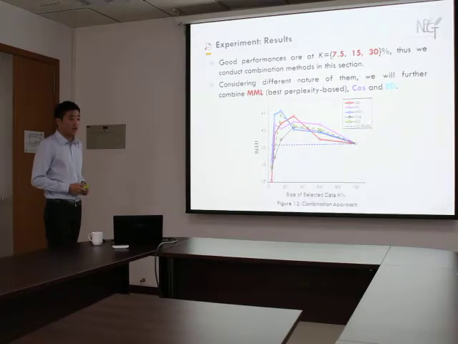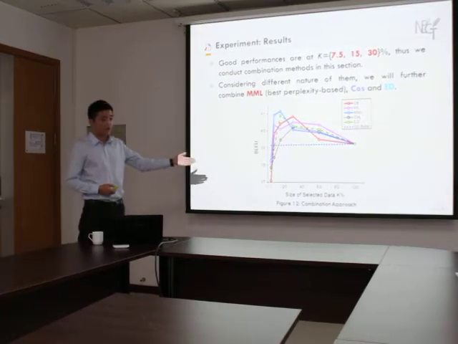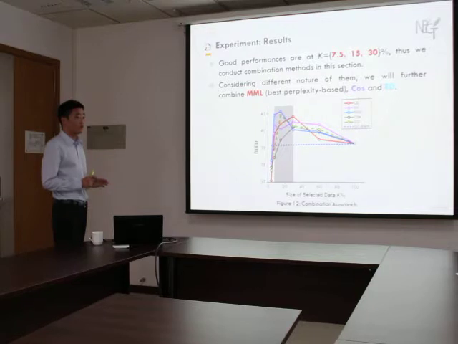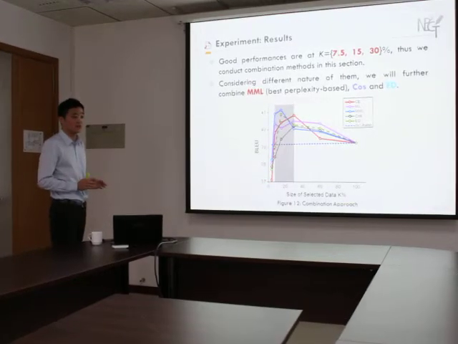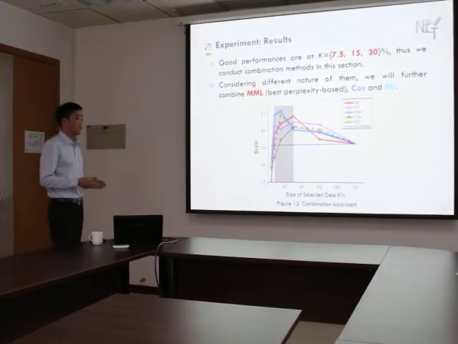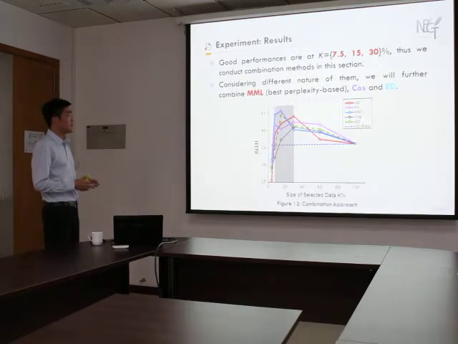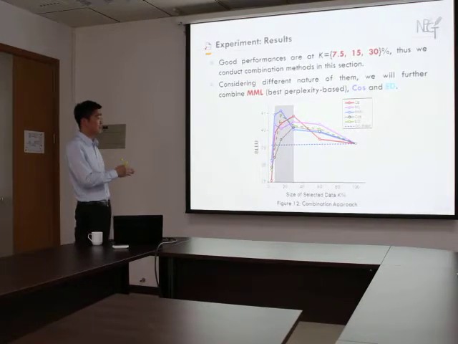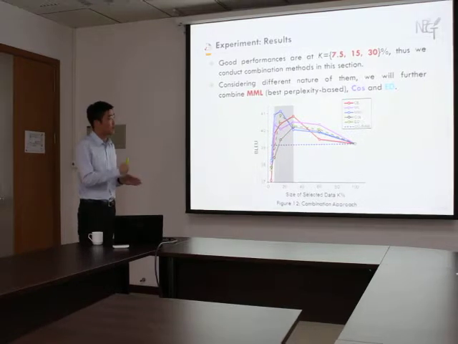I drew the data in this figure and found that the good performance always happens between 7.5 and 30%. So I will further conduct the combination method in this section. Considering the different nature of them, I will further combine the modified Moore-based, the cosine TF-IDF, and our proposed one.